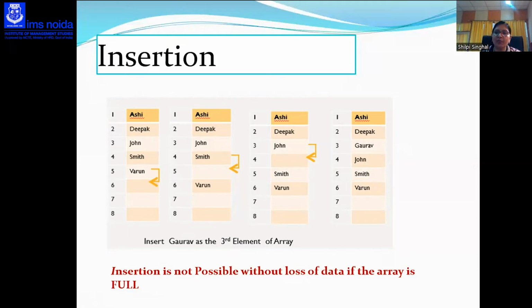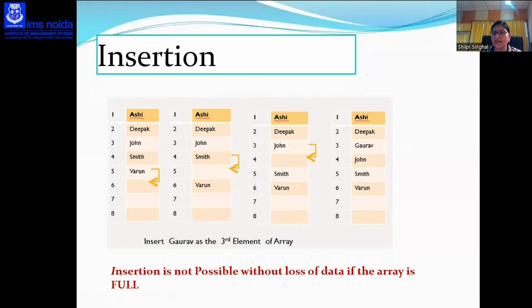And how can we create a space? We can create a space by shifting elements to the right side, meaning to the bottom side. But if my array is full, if this array already has 8 elements, then we can't insert without the loss of any element.